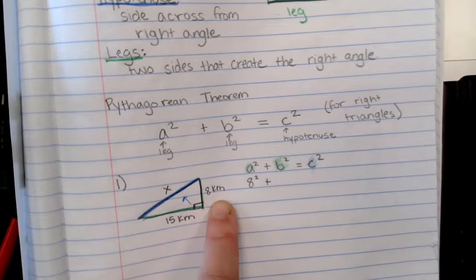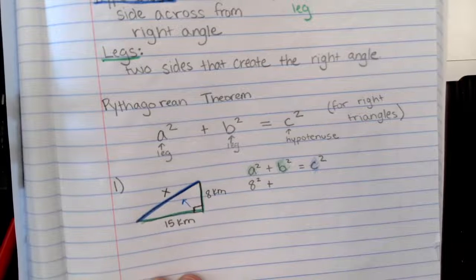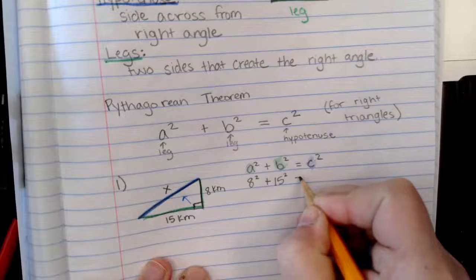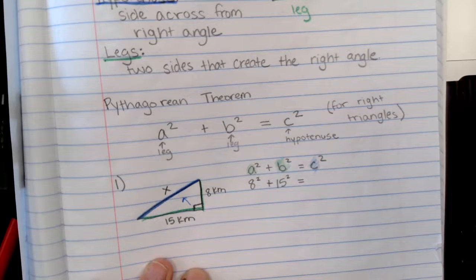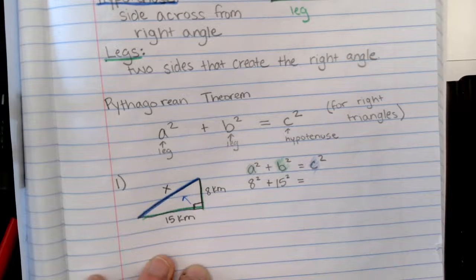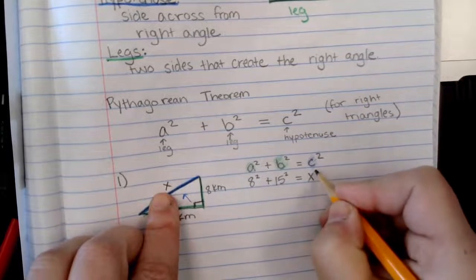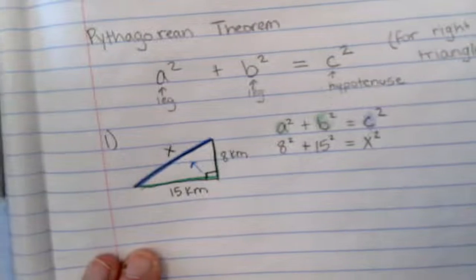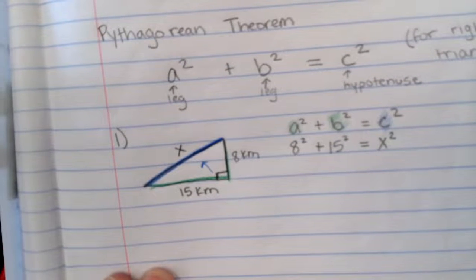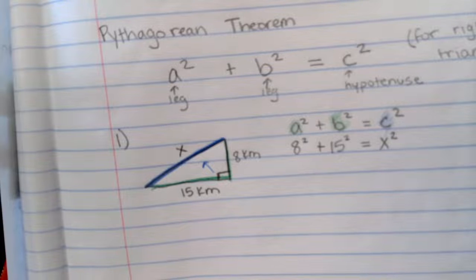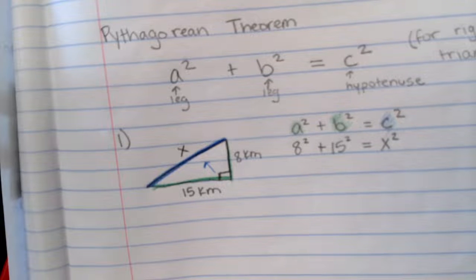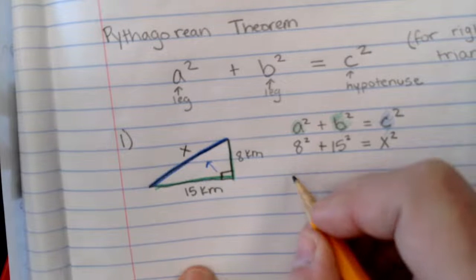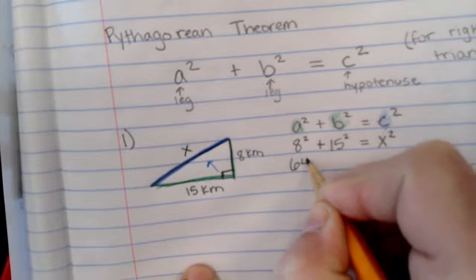Alright, now we're going to think, what is 8 squared? 8 times 8? Anyone know? 64. 15 times 15? Anyone? No one? That's okay. We can use our handy dandy calculator. 15 squared, 225. Equals x squared.